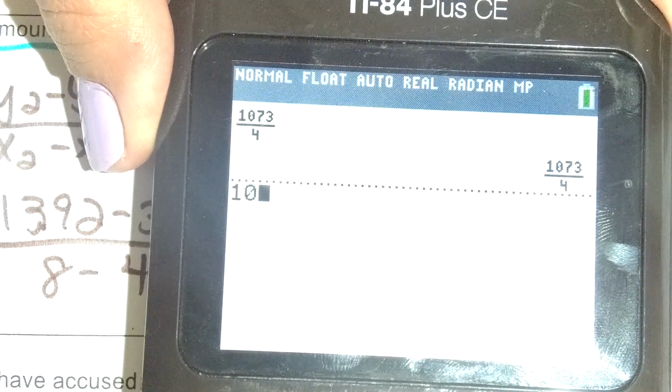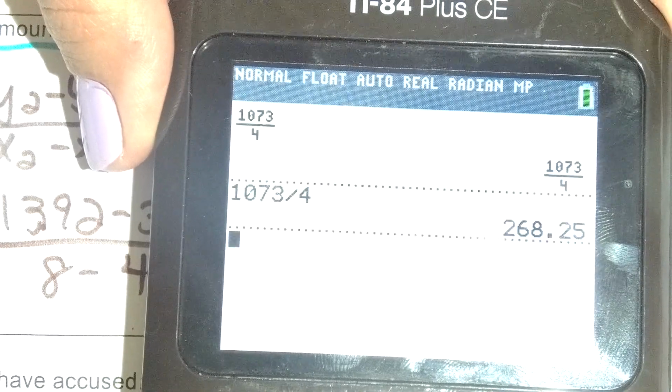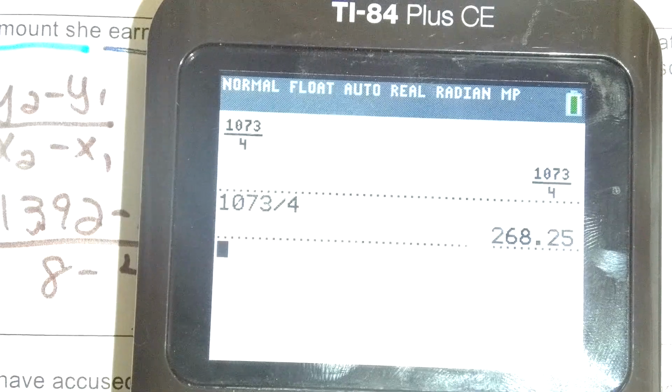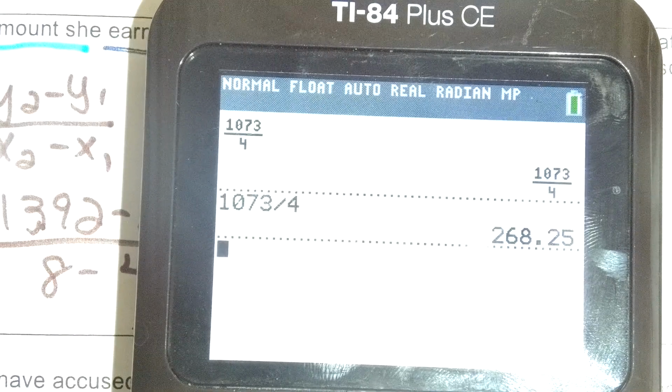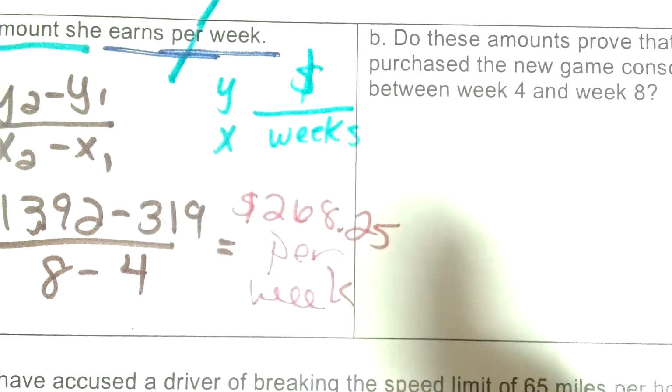We can do 1,073 divided by 4. So for word problems, after you get that fraction, take that fraction and divide to get the actual answer. Because we cannot have fractions in word problems. Questions? Are we sure? Okay.